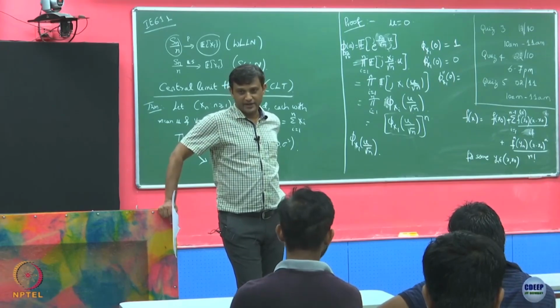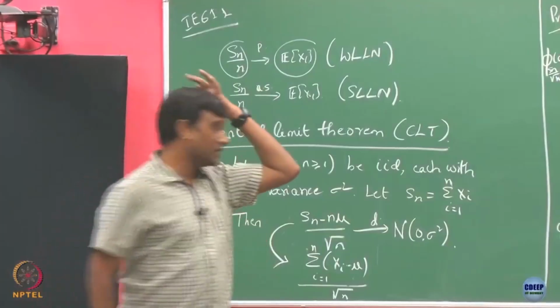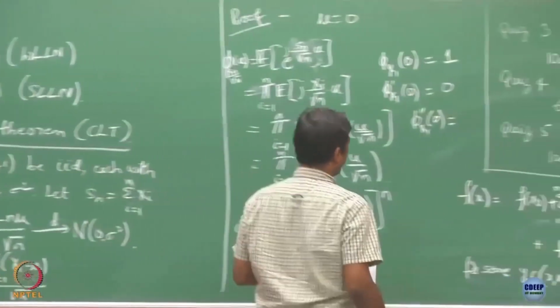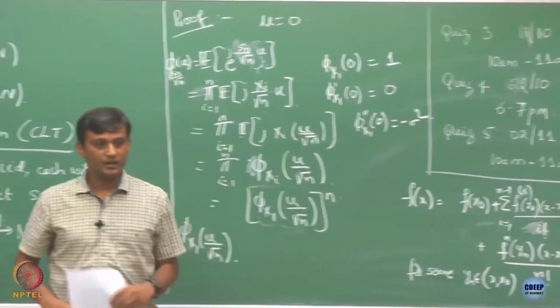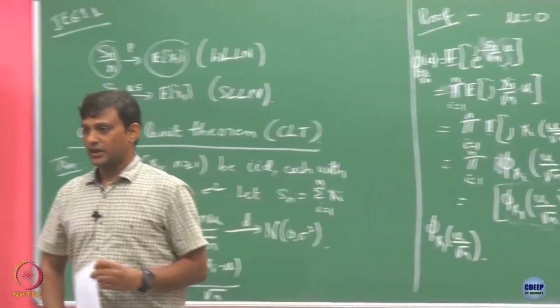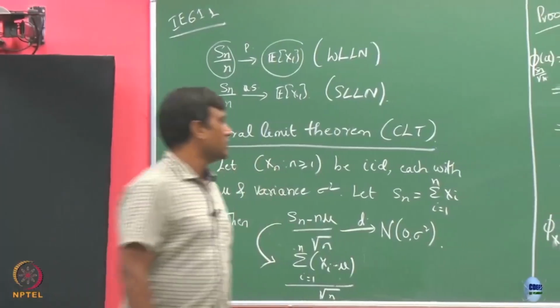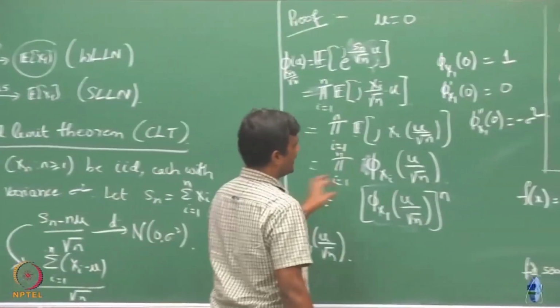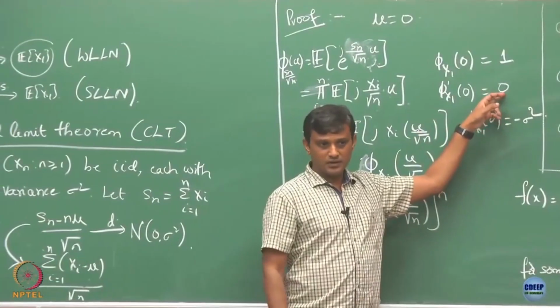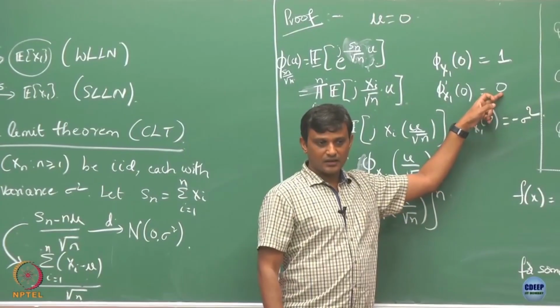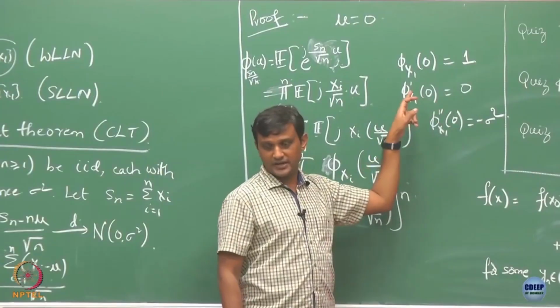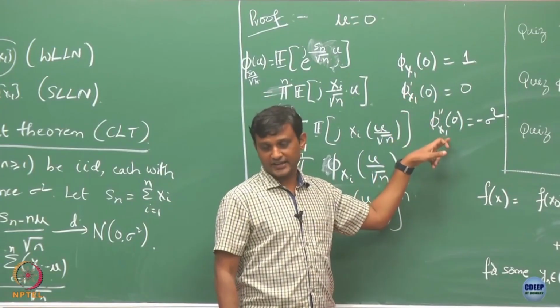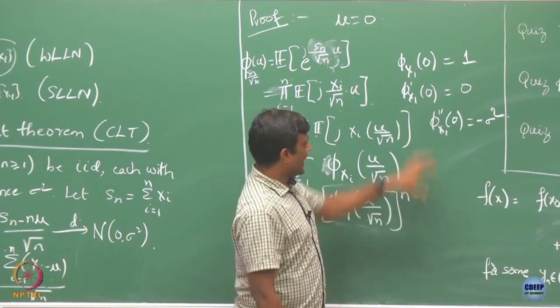When you take the second derivative, because of the complex term involved there, you are going to get minus sigma square. Okay. So now for this characteristic function I know the mean value. I have been able to express the mean in terms of the first derivative and the second derivative of the characteristic function, and I know these things.